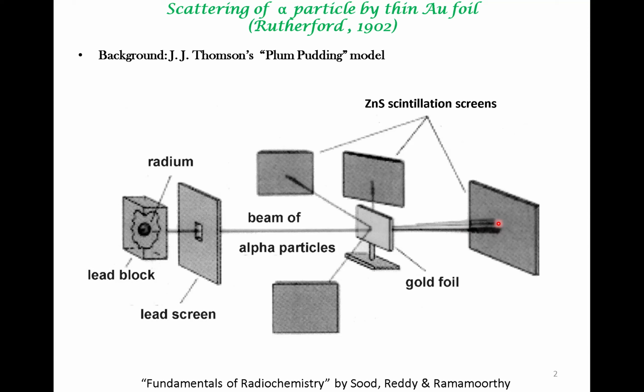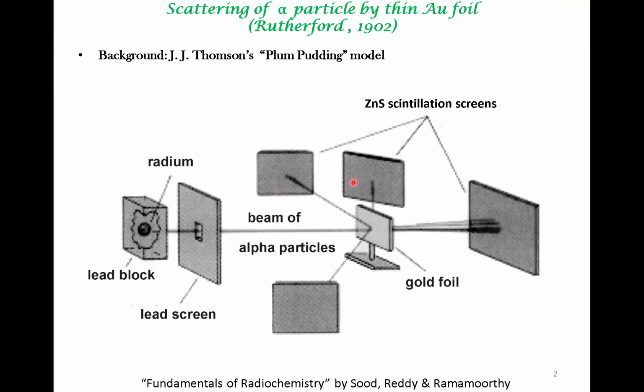However, what was surprising was that some of the alpha particles, not many, but very few, recoiled at great angles away from the linear trajectory. So this was very surprising.